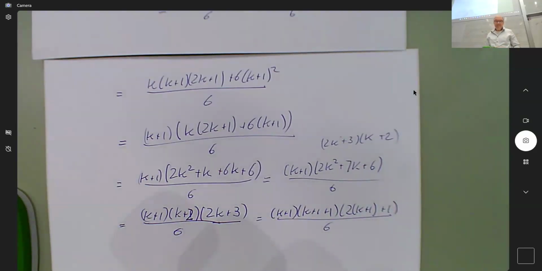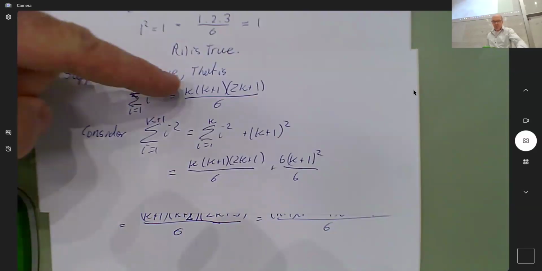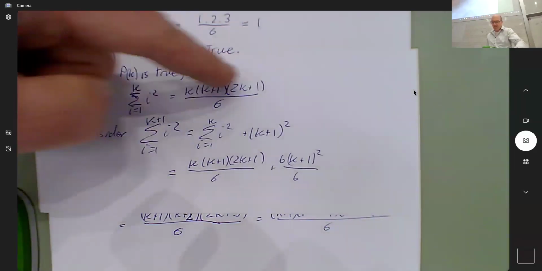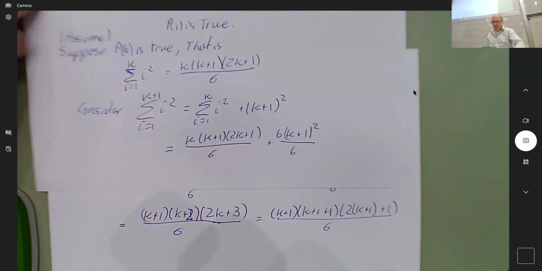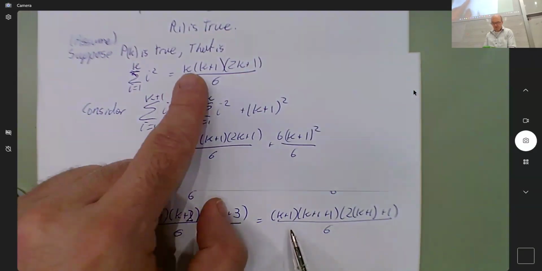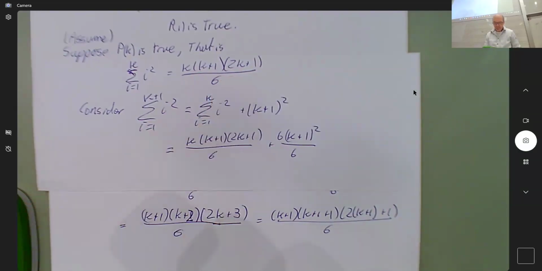All right. You might be going, but why, Nick? But if we go back to what we were trying to prove up here, I want to replace k by k plus 1. That's exactly what I've done. I've replaced k by k plus 1, k by k plus 1, k by k plus 1.